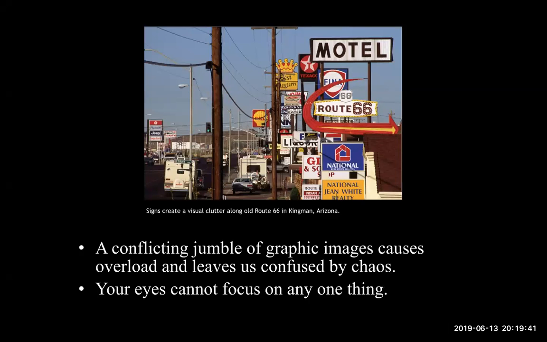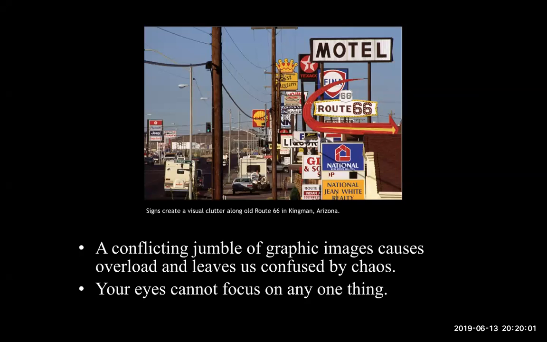Here we have an example of just jumble. It's a photograph. It could be really effective, but we don't know what, if any, message there is here. It's just a jumble of shapes, and they're not really unified.